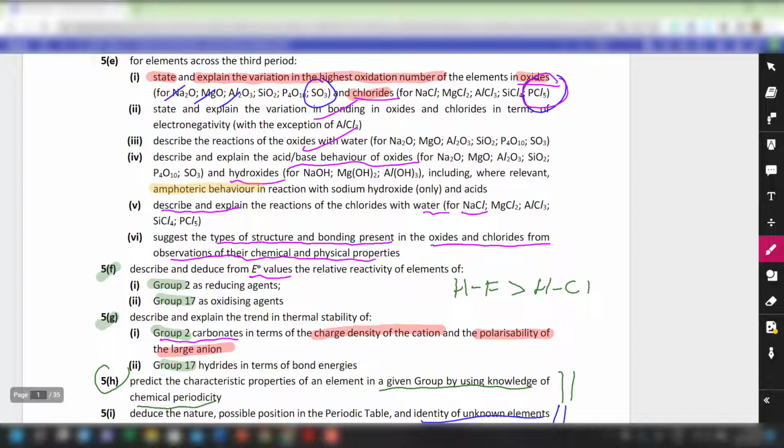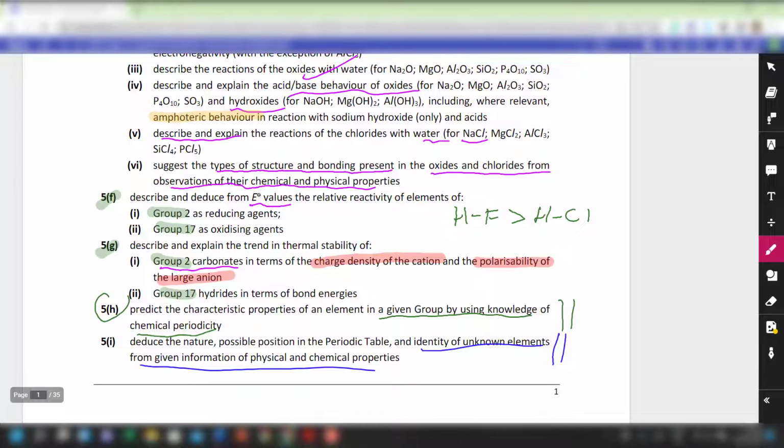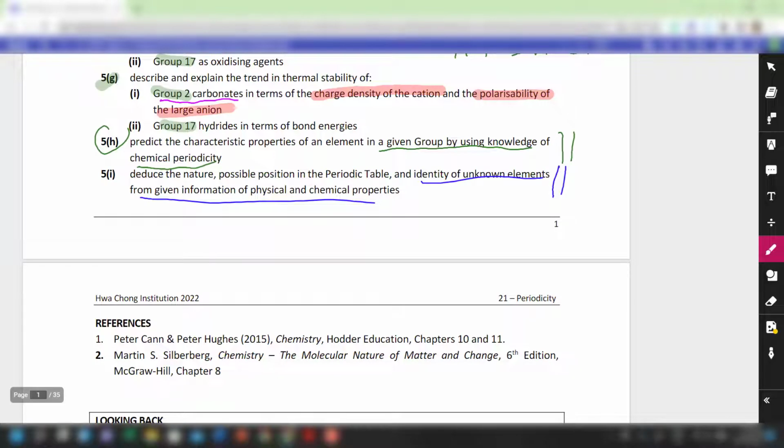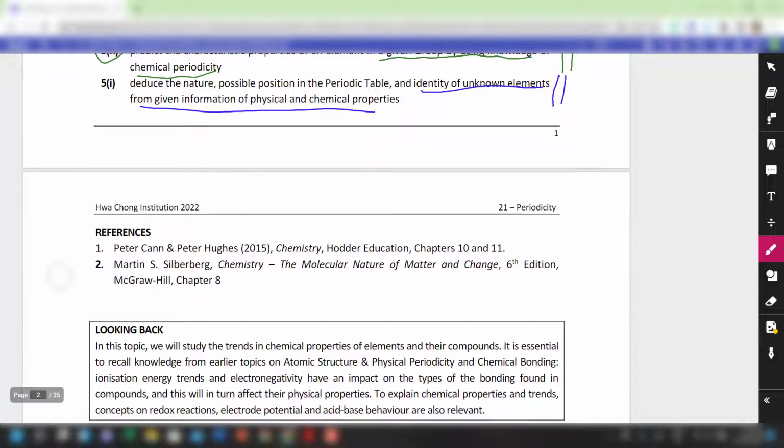Yeah, although you don't learn them explicitly in the A-level curriculum, but whatever you have learned in secondary school, I think you need to be able to recall some of them. Yeah, okay, up to this point, please do not go and revise what you have learned in secondary school. I think what is most important is just go and maybe be familiar with their chemistry as much as possible. Even if you don't revise them, whatever you know now should be more than enough.